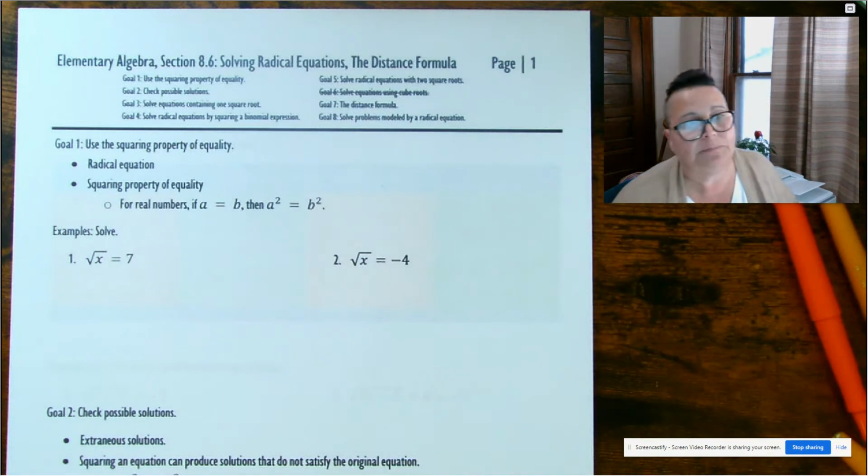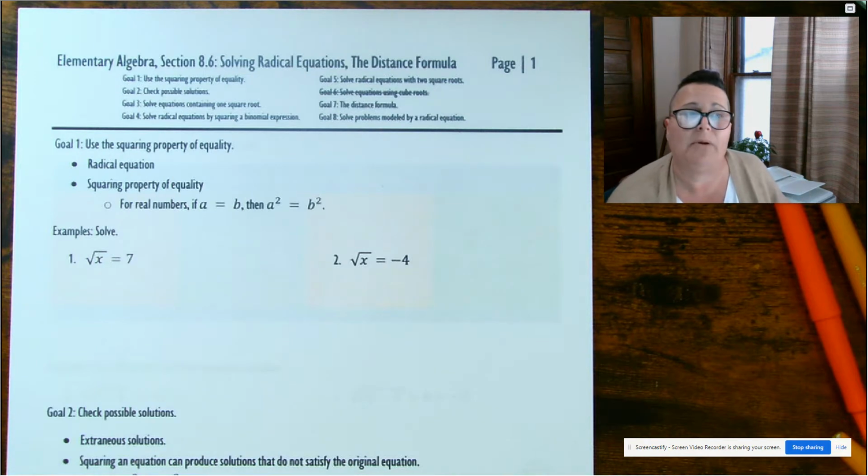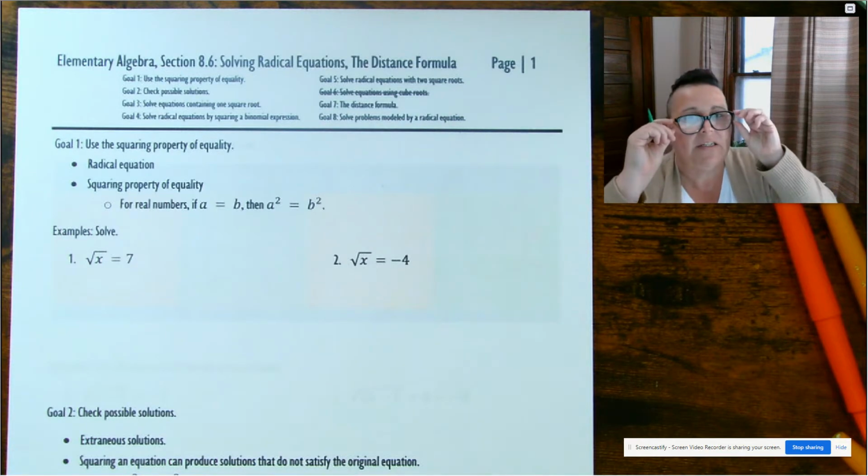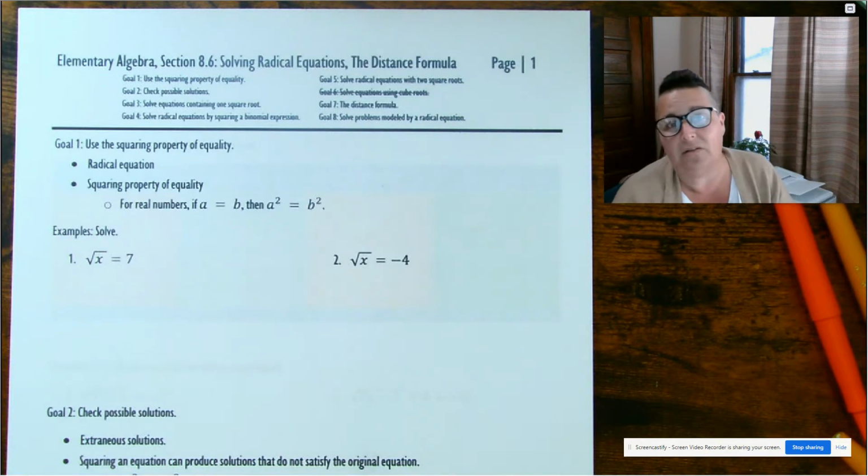Okay, so we've already done some square root stuff. We're going to be using what's known as the squaring property of equality today with our radical equations. Radical equations are simply equations that contain radicals in them.